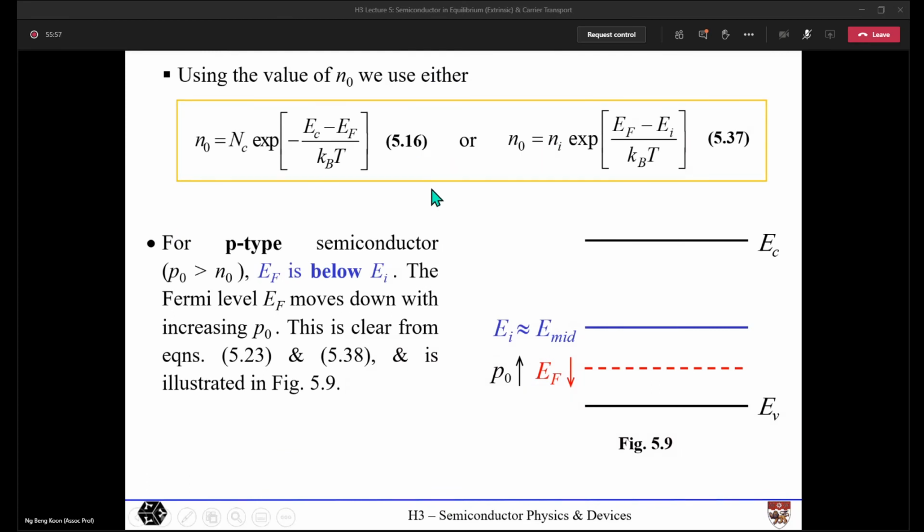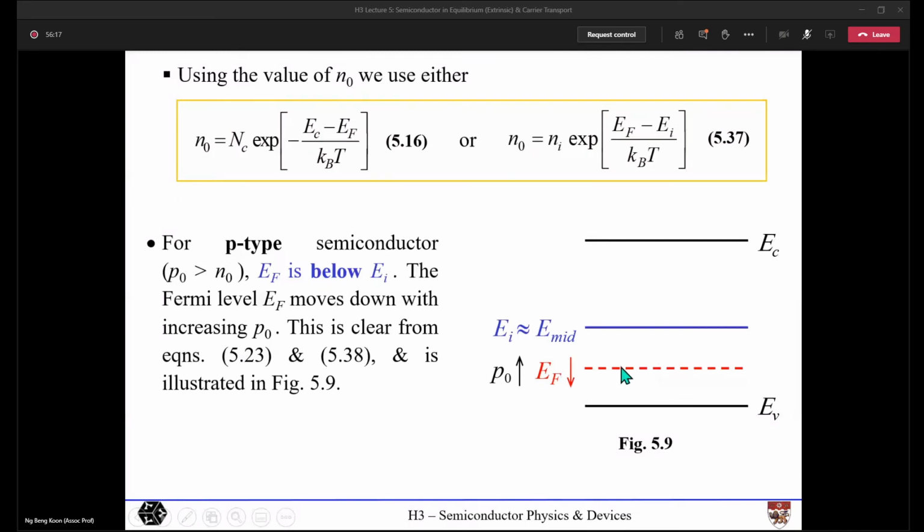Like I said, in the case of p-type semiconductor, if you use the minority carrier concentration expression, the EF value you get should be the same. If not, then you have to go back and recheck. In thermal equilibrium, you expect the values to be the same for the Fermi level.